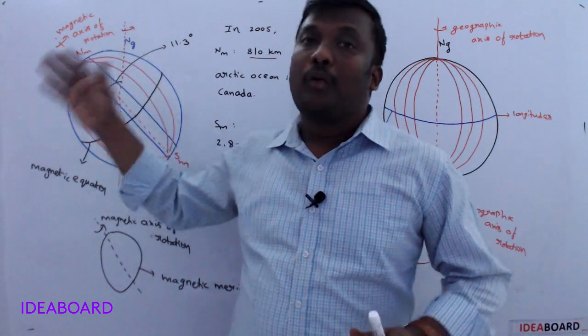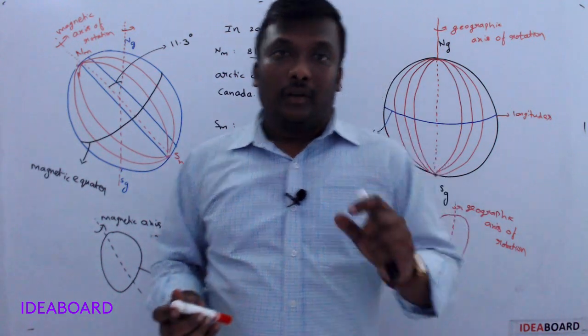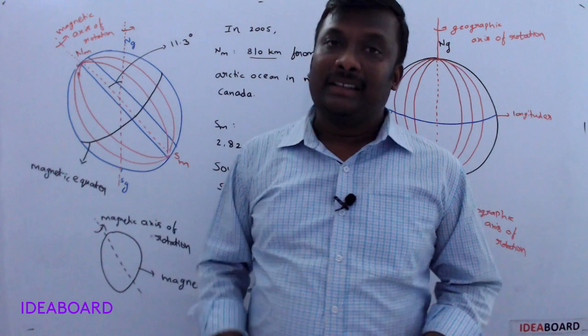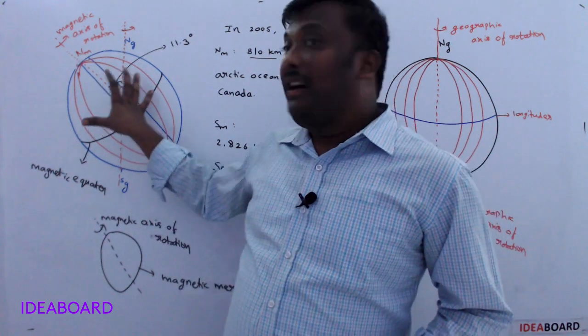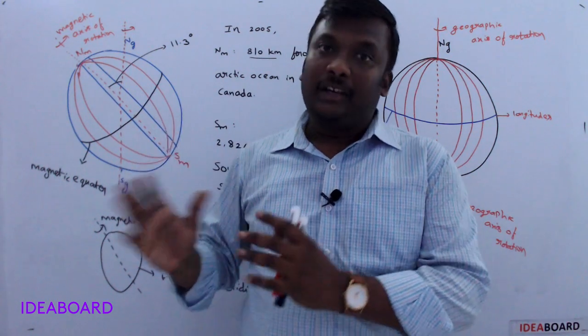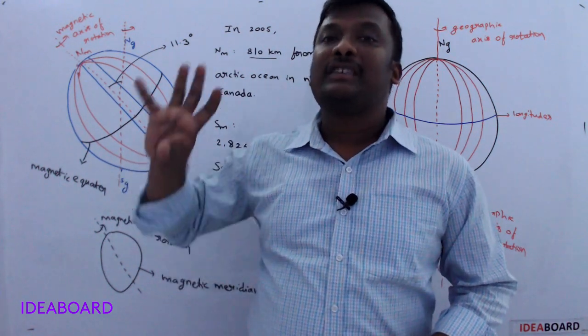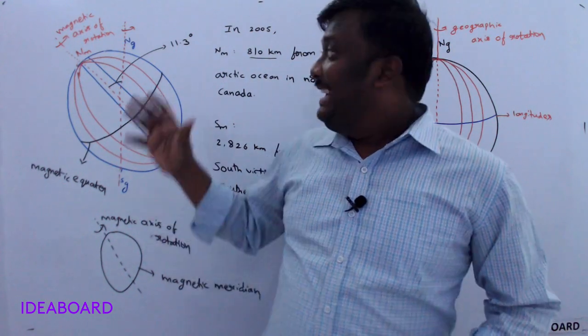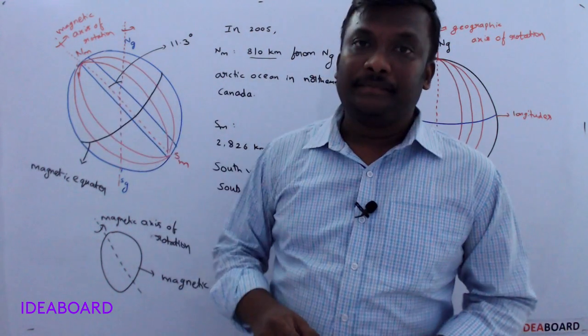They are moved. Okay, so why are they moved? Because, as we said previously, inside the earth's core it has molten liquids. Whenever those molten liquids are in motion, they change their positions.